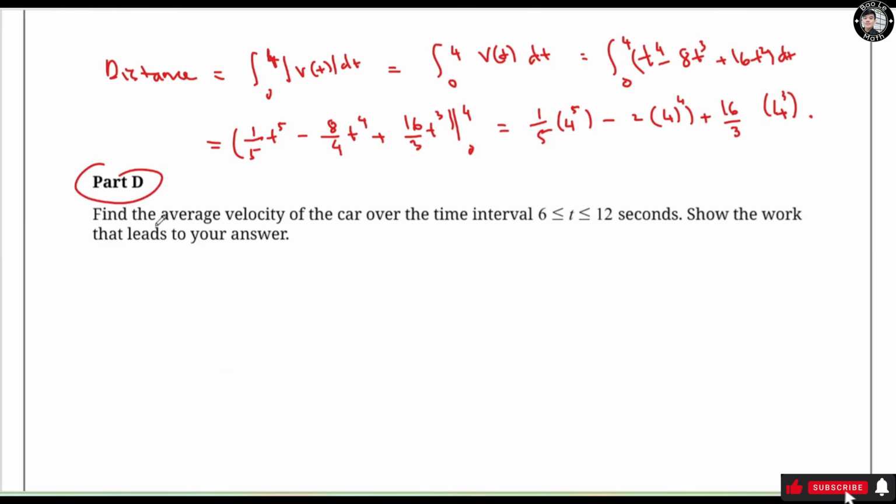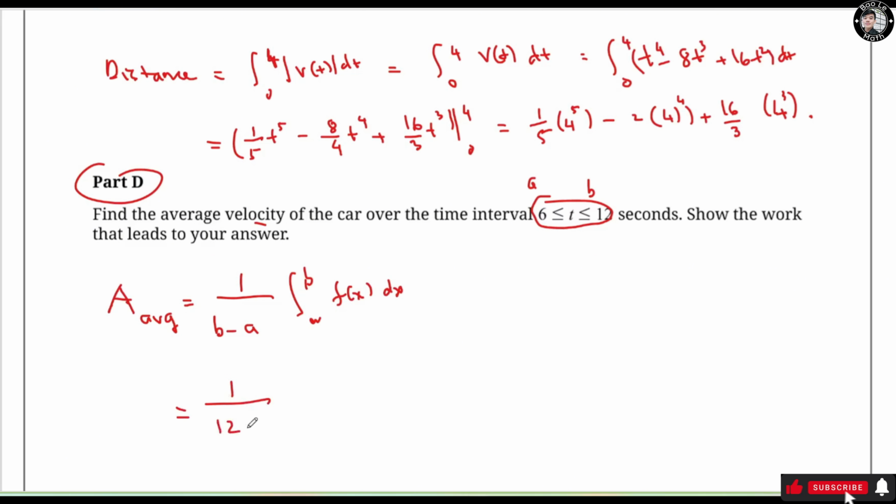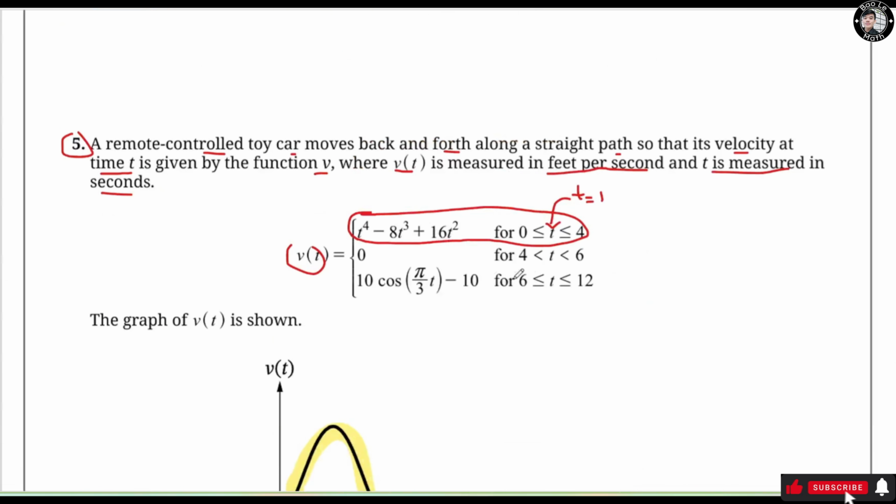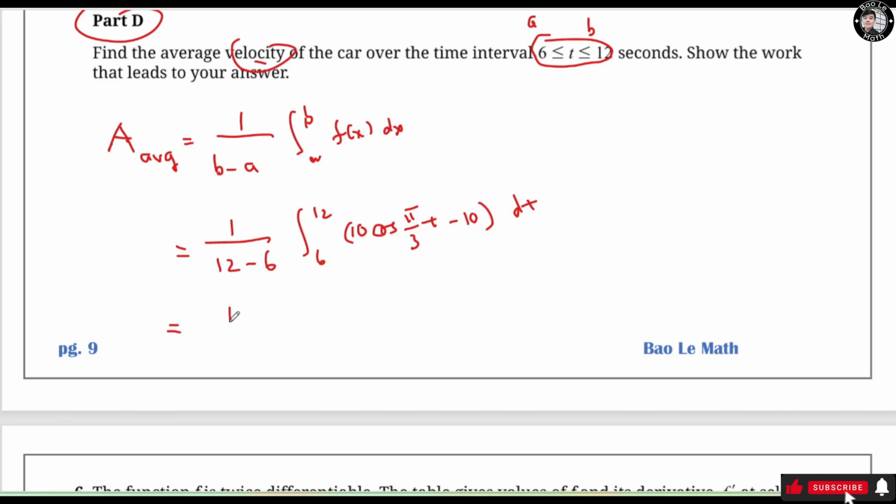Now question D. Find the average velocity of the car over the time interval 6 to 12. Alright, so we need to use the average value formula. Now in this situation, a is 6, b is 12. So it's going to be 1 over 12 minus 6 times the integral from 6 to 12. Now for 6 to 12, we're going to use this function. It's going to be 1 over 6. Now we need to take the antiderivative of this one.